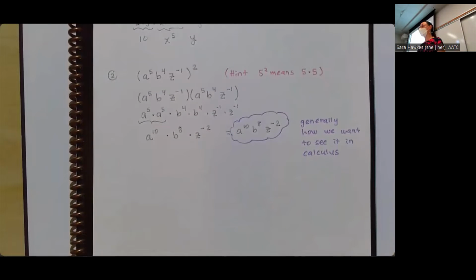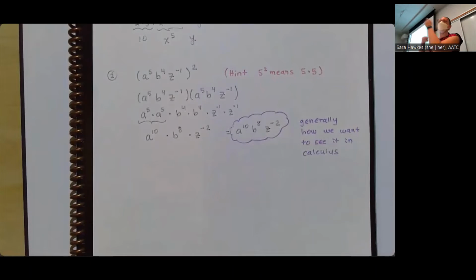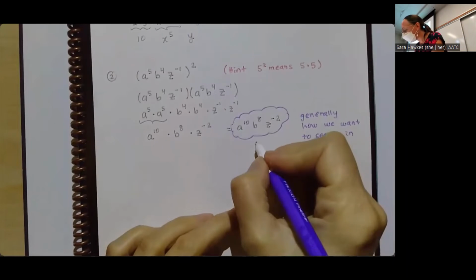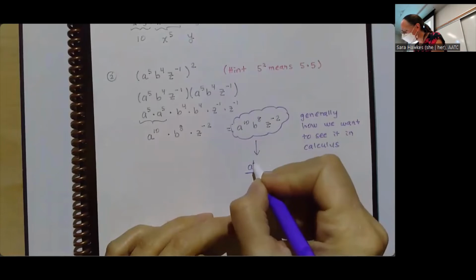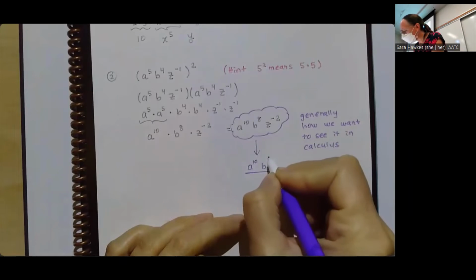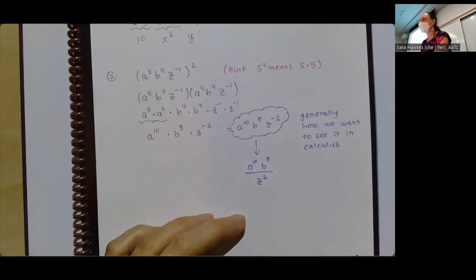And oftentimes we're going to have to go back and forth between this and its other form, even in a calculus context. So thinking back again to that first day when we were talking additive law of exponents and we worked through what negative exponents mean, this is equivalent to a to the 10th, b to the 8th divided by z squared.